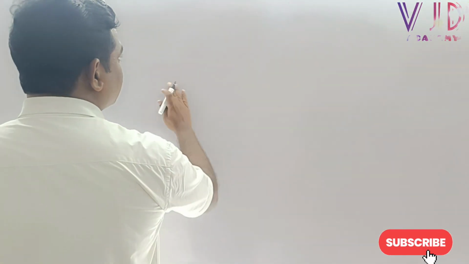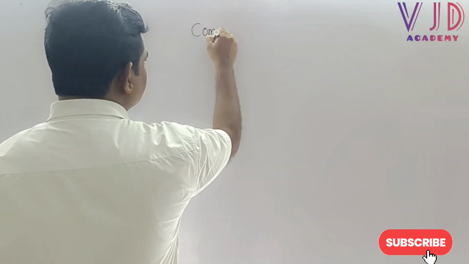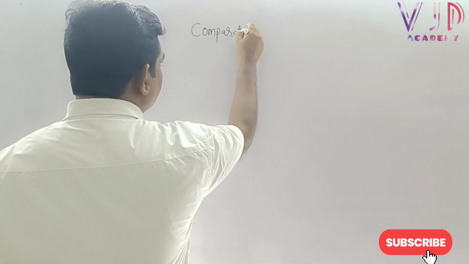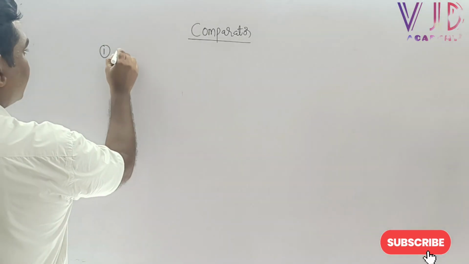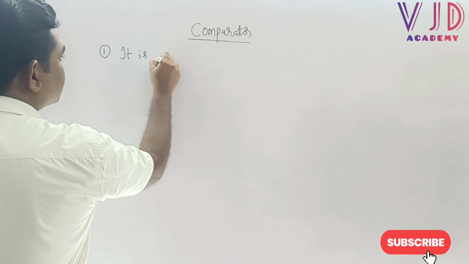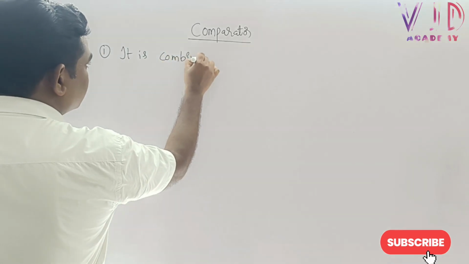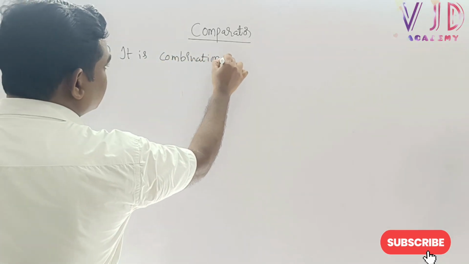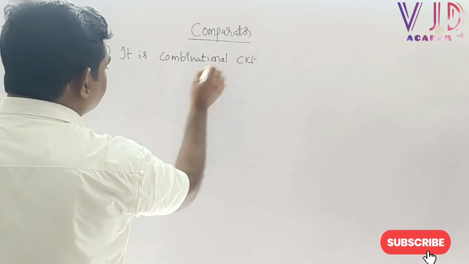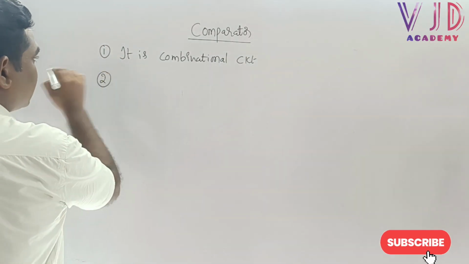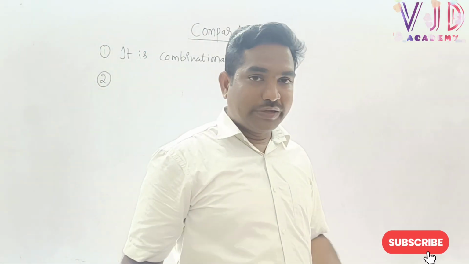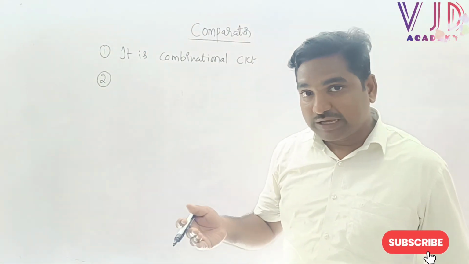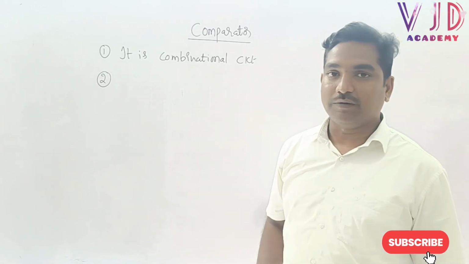Sir, let's try to understand comparator. The first point of comparator: it is a combinational circuit. The second point: there are 1 bit, 2 bit, 3 bit, 4 bit, 5 bit up to n bit comparator circuits we can draw.